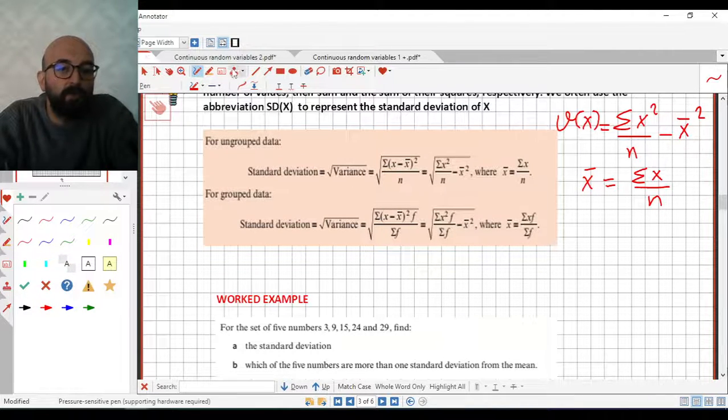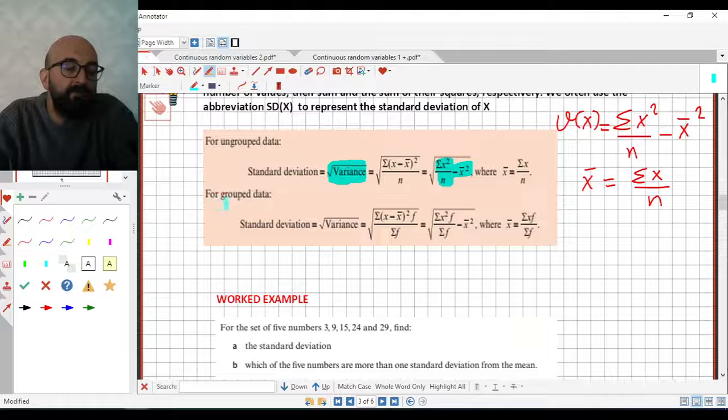And if you want to compute the standard deviation, you should compute the square root of variance, which is the square root of the sum of x squared over n minus mean squared.